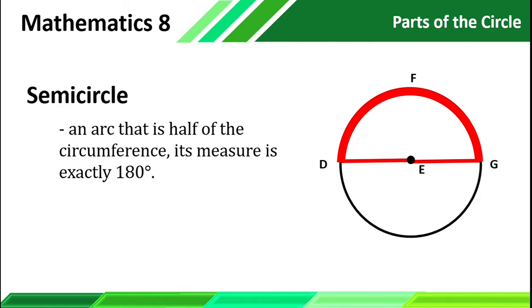Semicircle is an arc that is half of the circumference. It measures exactly 180 degrees. So in naming a semicircle, we may use 3 points on the circle. So here, our semicircle is arc DFG, or we can also write this one as arc GFB.